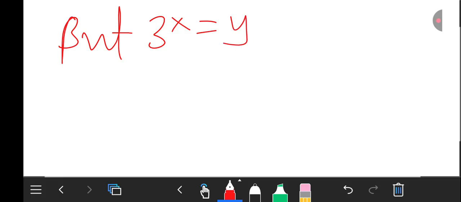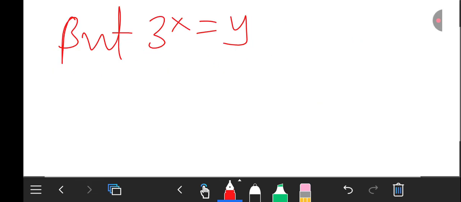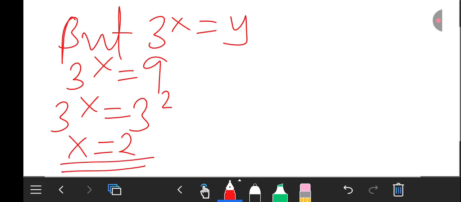The first solution for y we found to be 9. Let me just refer to it. It's 9, yes. So we're going to say 3 to the power x is equal to 9. Make sure that 9 has a base of 3 raised to a certain power. So 3 to the power x will be equal to 3 squared. That should give 9. When the bases are the same, so should the power. So x is equal to what? 2. So this is the first solution.